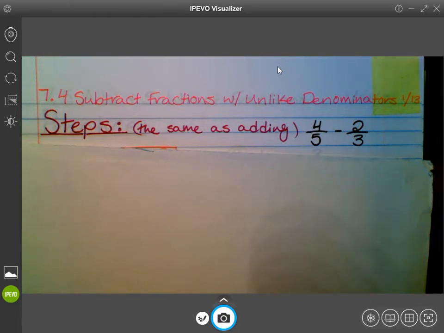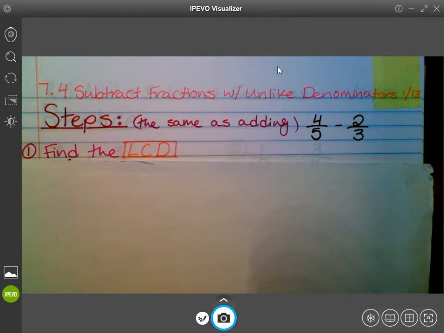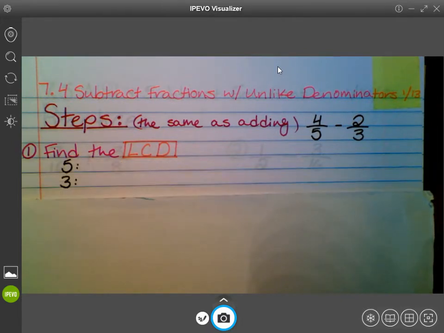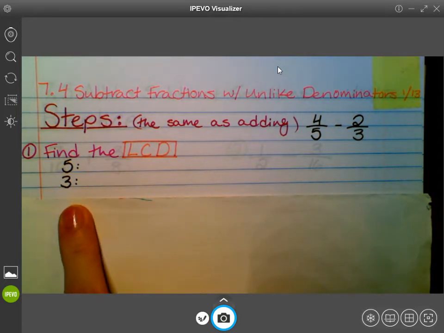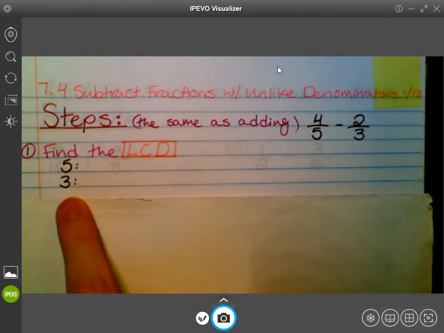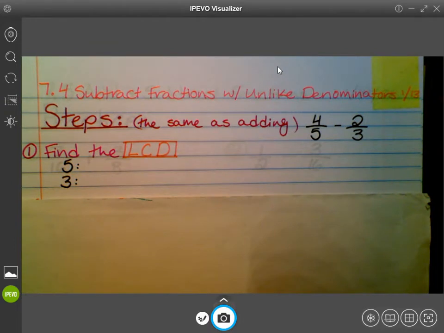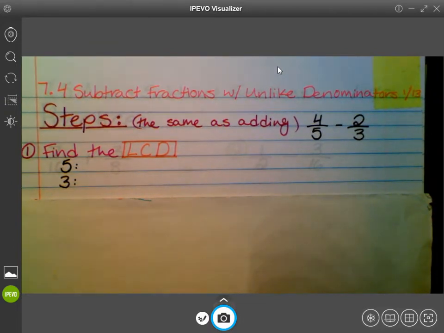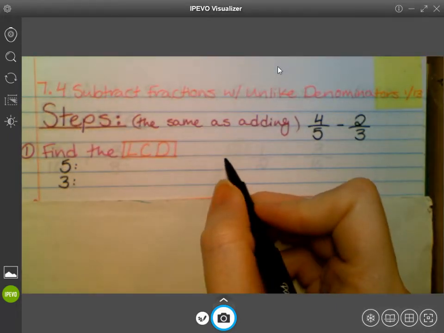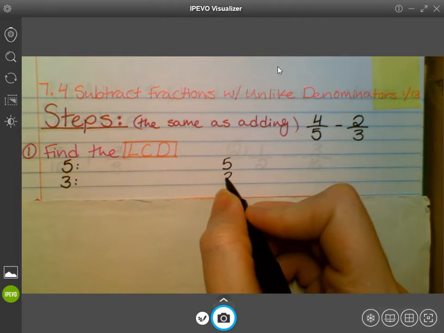Okay, so just like yesterday, our first step is to find the LCD, the least common denominator. Now, to list the multiples, I wrote it like this, but if you like the way we've done it in the past, you can always write it like this.